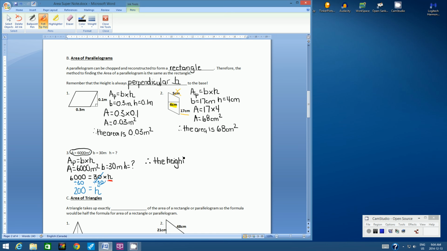The height is 200, and let's not forget our units of measurement, it is meters. Now be careful, it's not meters squared because it's not asking for the area. It was asking us to solve the height. So hopefully these types of questions are getting a little bit easier to understand.